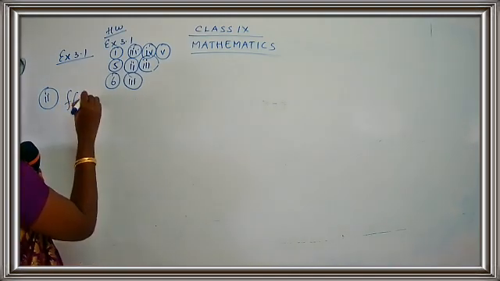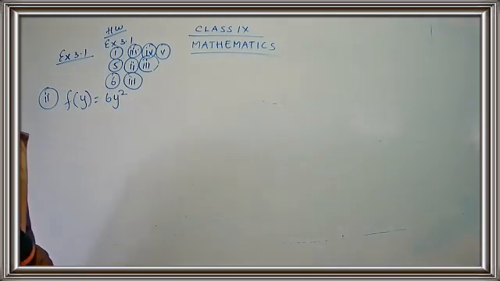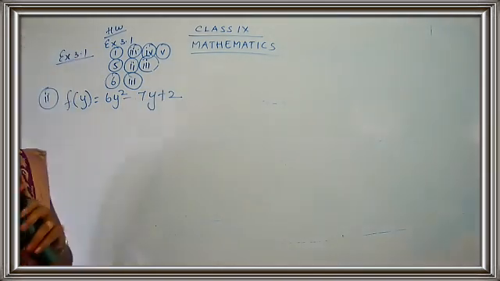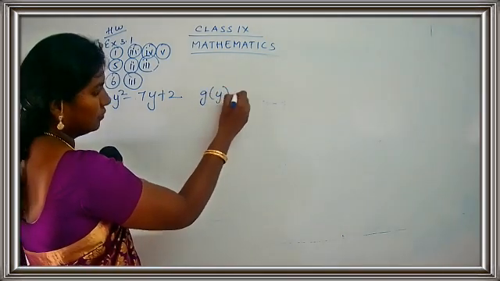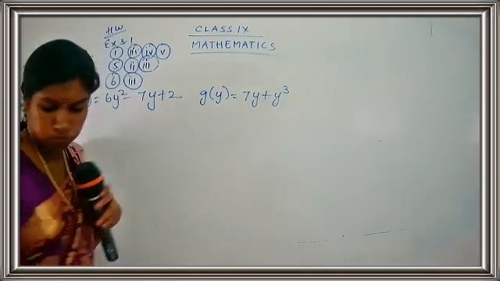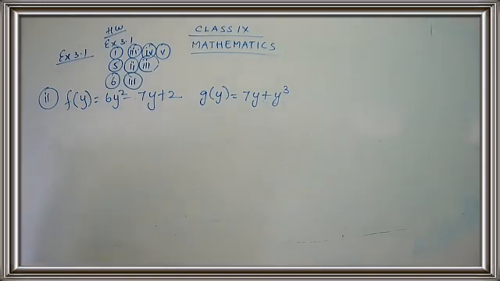F of y is equal to 6y square minus 7y plus 2, and g of y is equal to 7y plus y cube. So f(y) is 6y square minus 7y plus 2, and g(y) is 7y plus y cube. Let's go with the work.